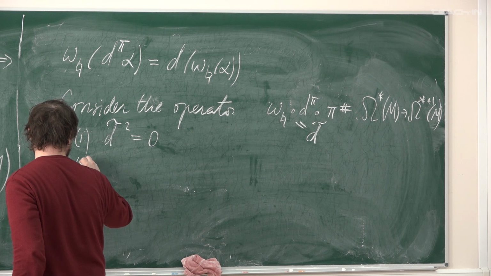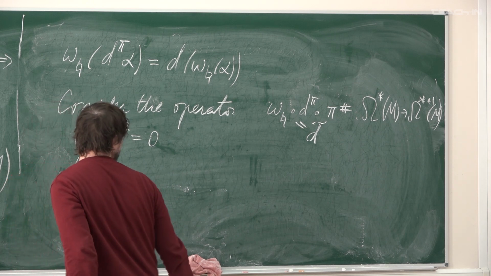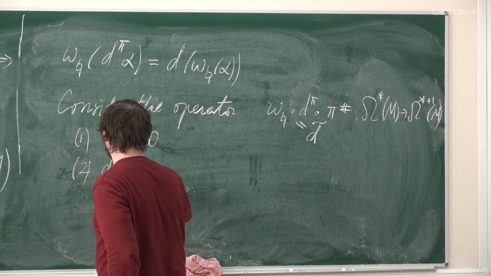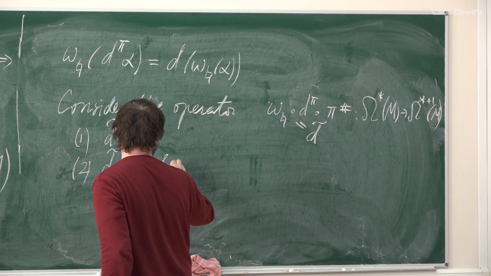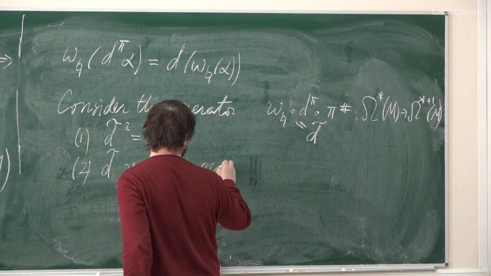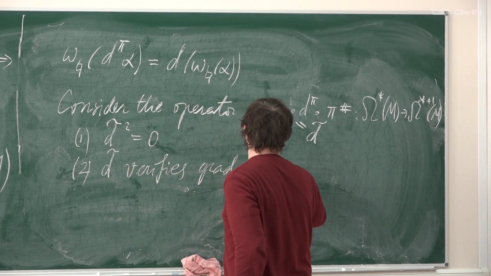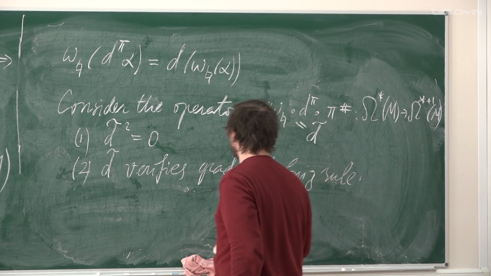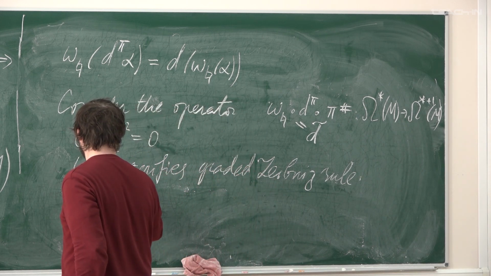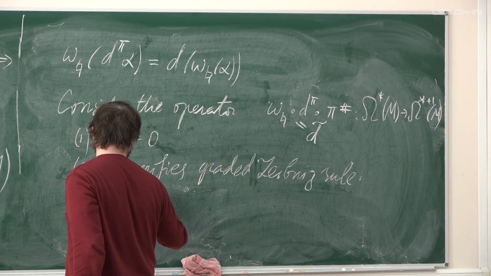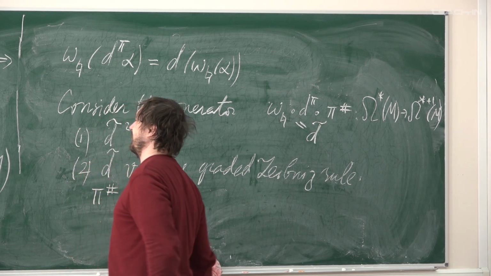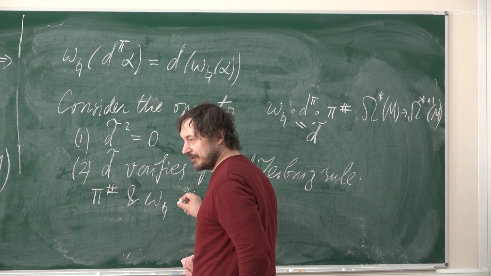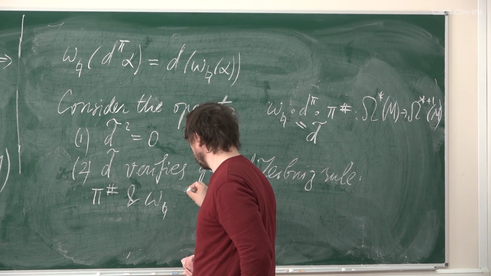Then what else do we have? D tilde actually verifies the graded Leibniz rule. And that's again very simple because both pi sharp and omega flat, let's put it this way, verify actually homomorphism with respect to the wedge product.